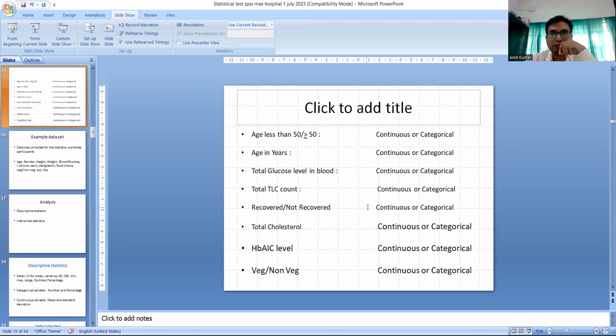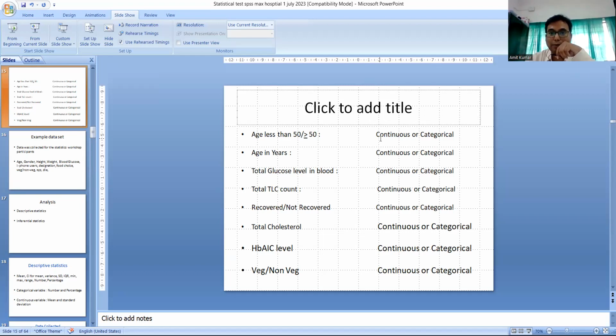What I told you: if you are collecting any numerical value, then it is continuous. And if you are collecting in categories, limited categories, like only two categories, here what we have is age less than 50 or more than or equal to 50. We have only two options here. So with limited options, the data will be categorical data. If you are collecting the numerical, then it is continuous data. We have to remember it.